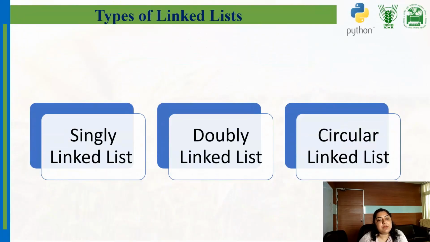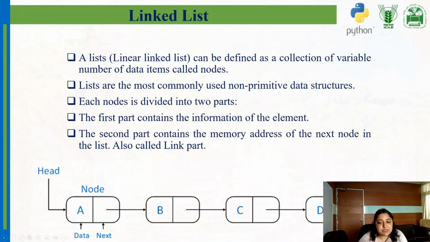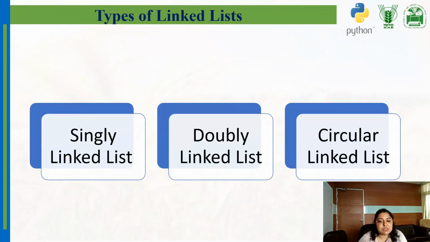Then these are the different types of linked list: singly linked list, doubly linked list, or circular linked list. For example, this is your singly linked list. We are having a node, and in that node we are having only a forward pointer. But in a doubly linked list, in a node we are having a forward pointer as well as a backward pointer.